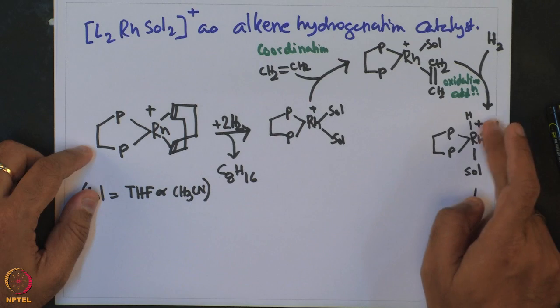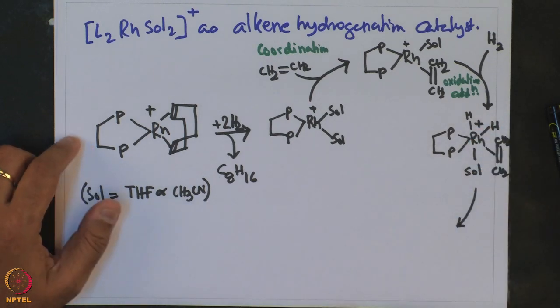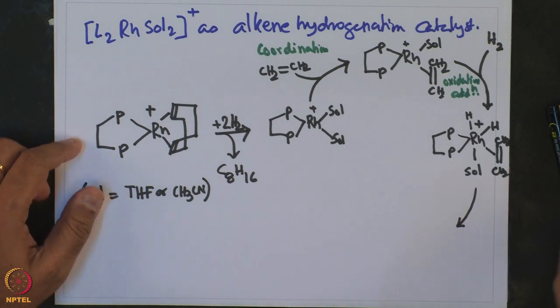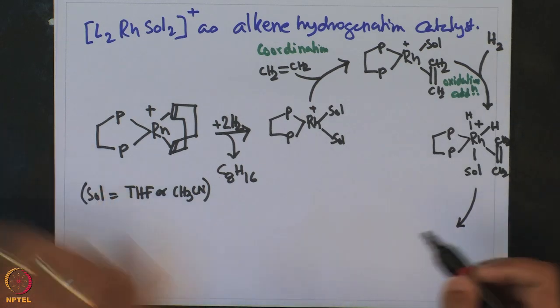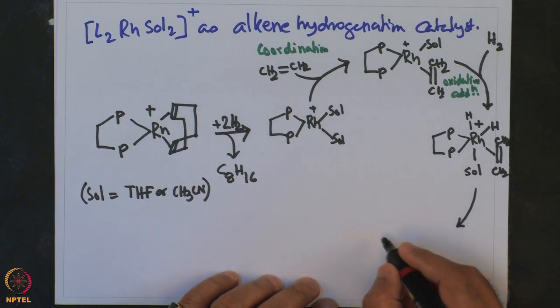This insertion of the olefin in the rhodium hydride bond gives rise to the rhodium ethyl moiety as shown here.